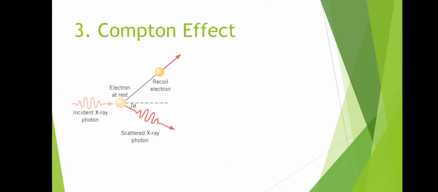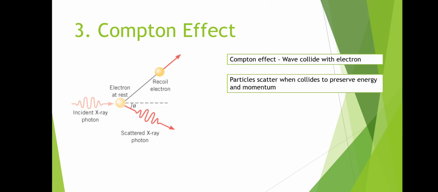Finally, the Compton effect. The Compton effect is when a wave collides with an electron. Basically, particles such as electrons will scatter when they collide with other particles, to preserve energy and momentum.